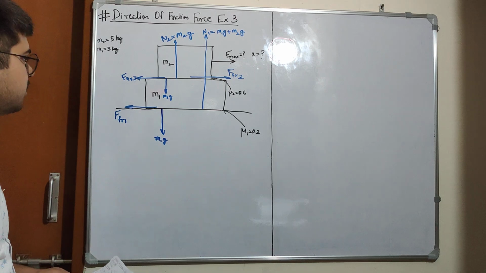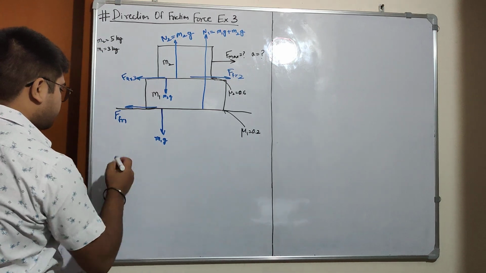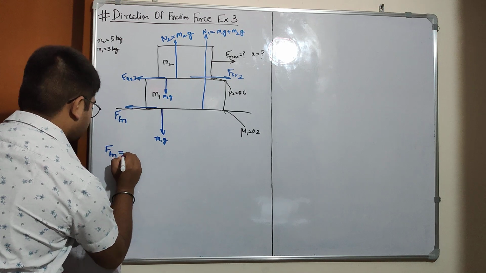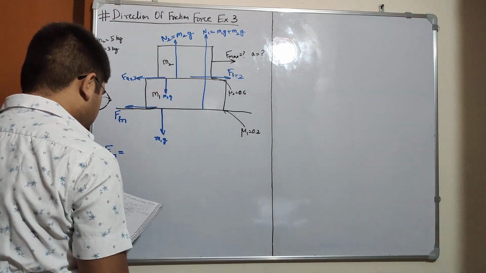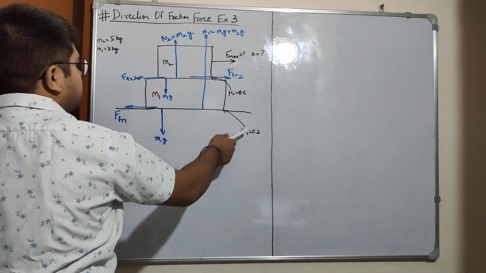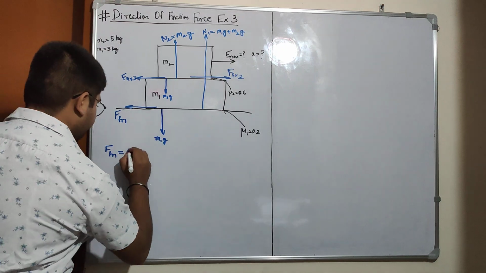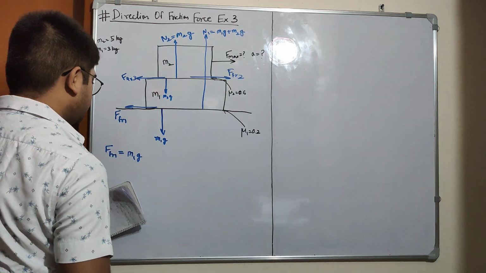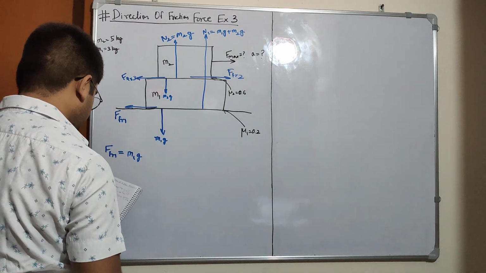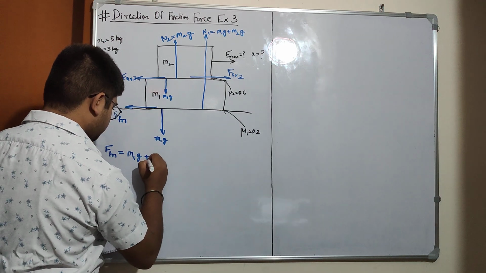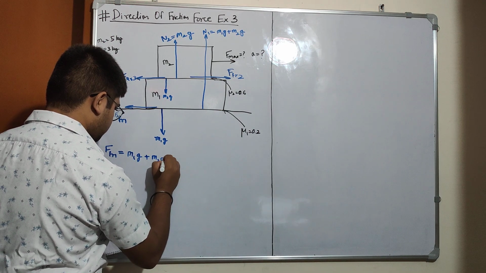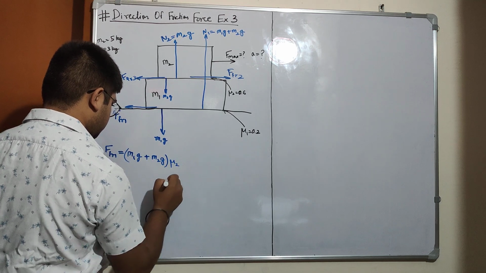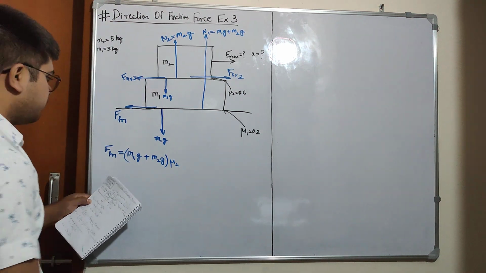Now what is FFR1, friction force 1? That would be equal to N1 times mu1, which is M1G plus M2G, times mu1.